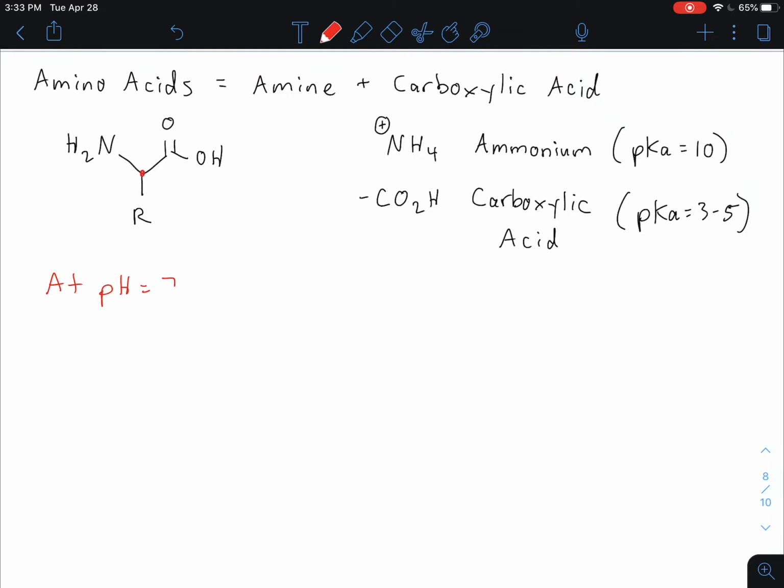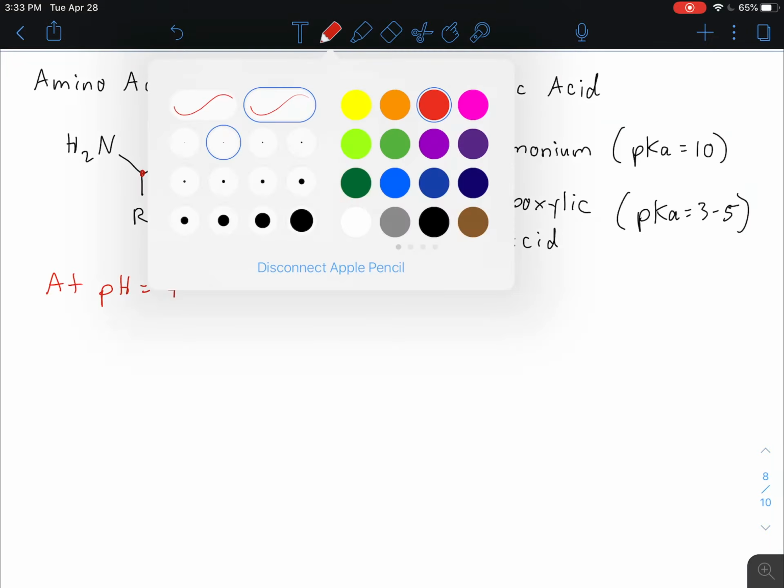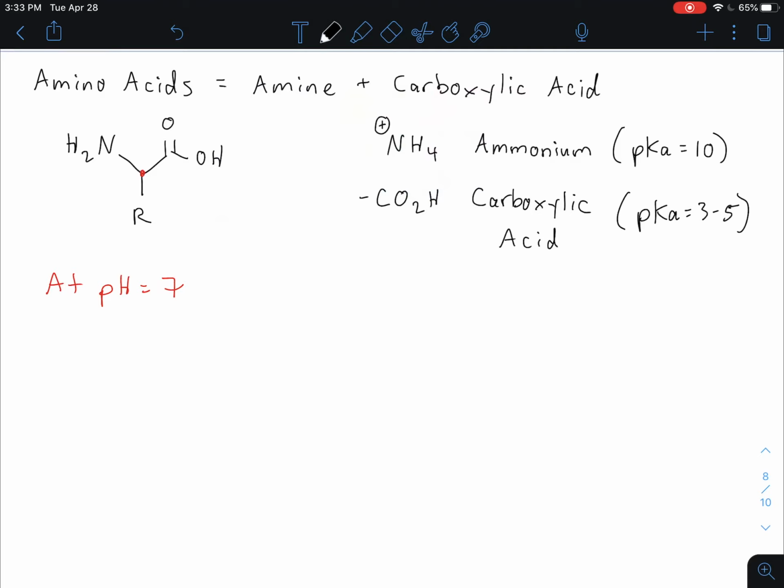So if we think about these amino acids in the conditions they typically exist in, like let's say, just for argument's sake, at a pH of 7, if I'm at a value below pKa, that means the acid is still protonated. If I'm at a value above pKa, that means the group is deprotonated.